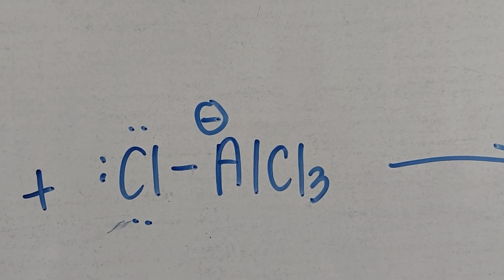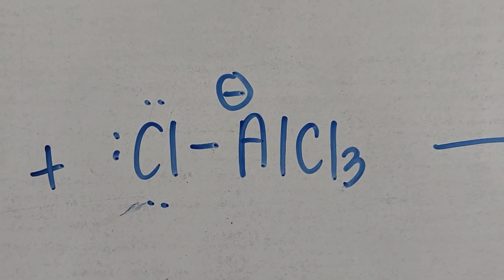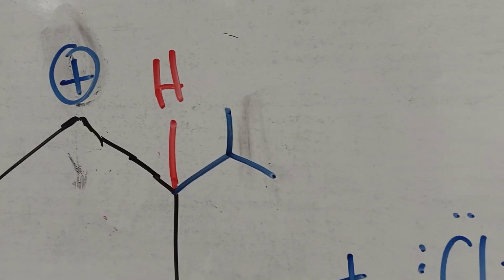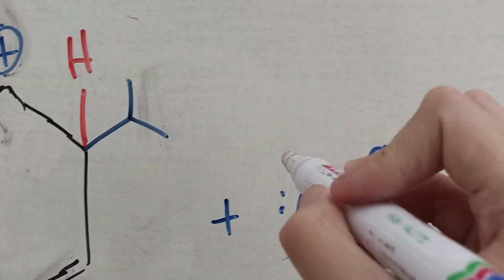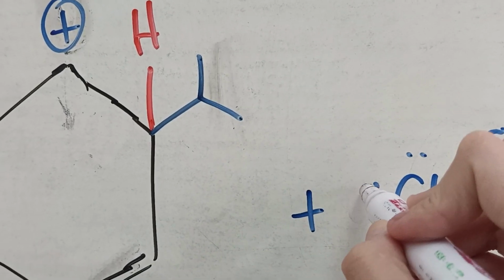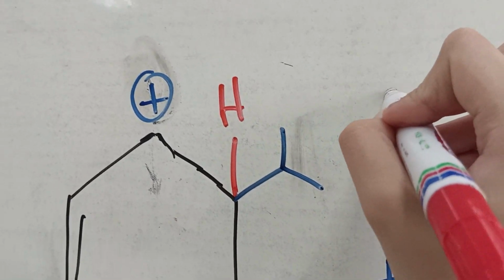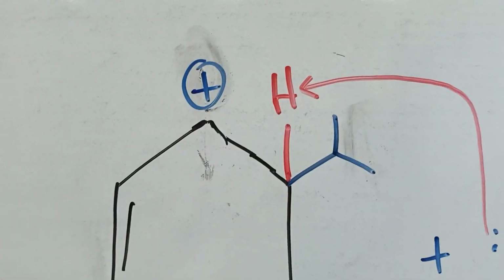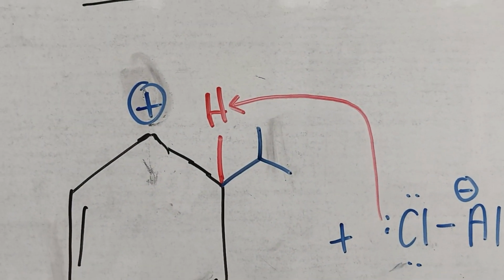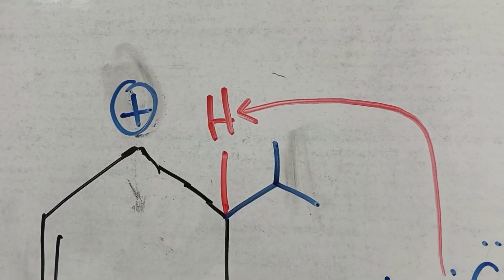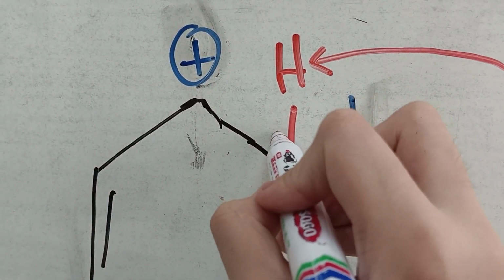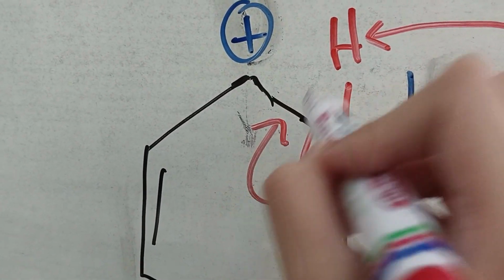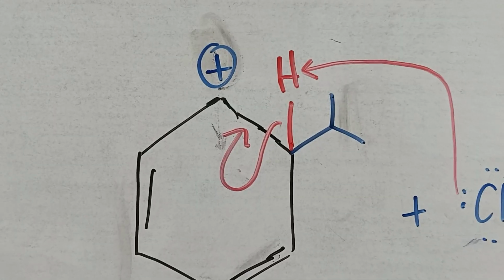Part of it has been stolen, so it wants to steal something back. This lone pair will try to take the H atom over here, and this H atom will let go from the benzene and return the electron from the sigma bond back to the benzene like this.